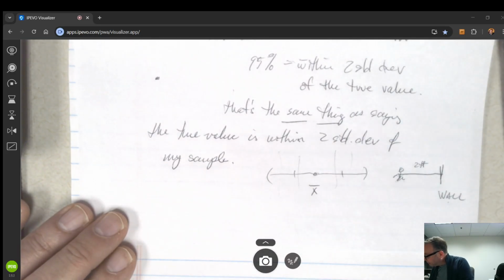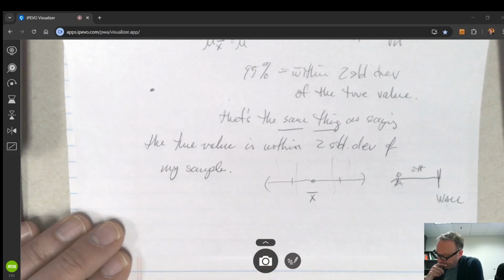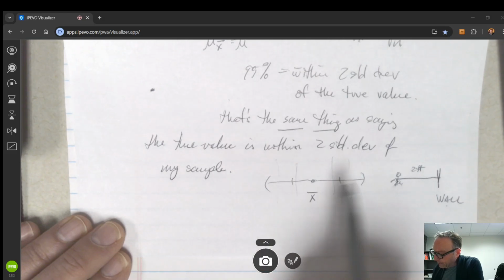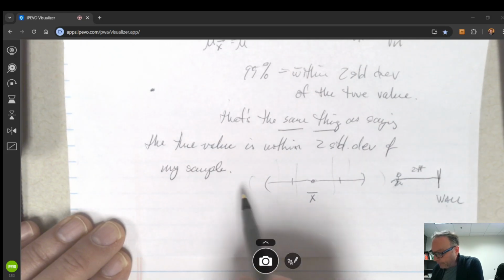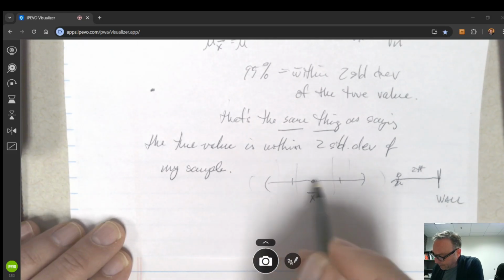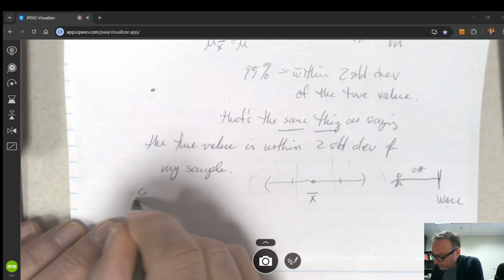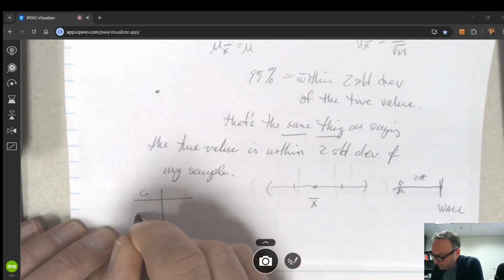One last thing here. Like I said before, if I make the confidence interval bigger, then my confidence goes up. So let's start with the confidence, and let's say 95% confidence.